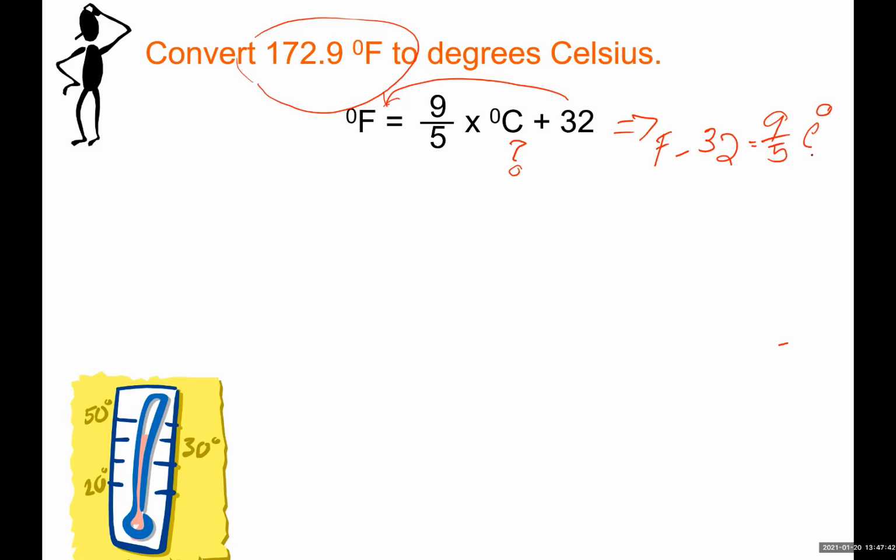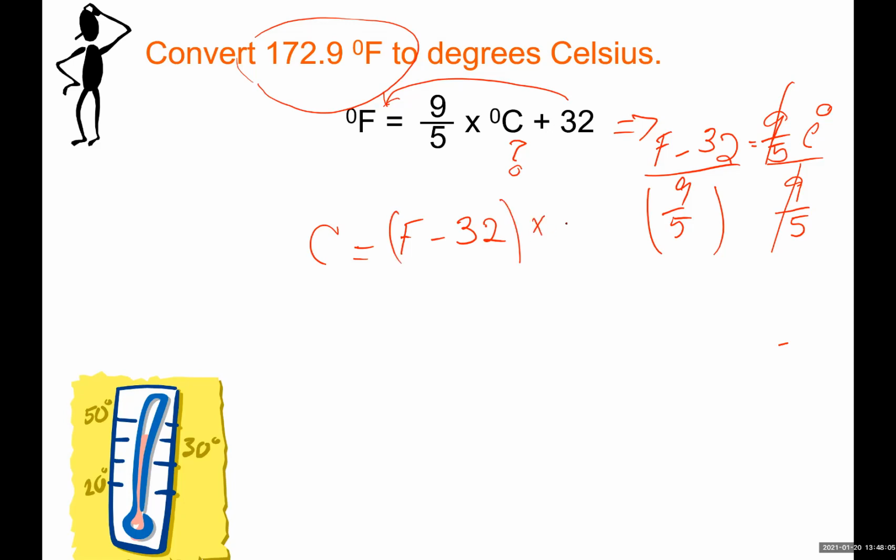And if I want to solve for Celsius, why don't I divide both sides by 9/5? Then I can cancel this, and I come up with this formula that Celsius is equal to F minus 32 divided by 9/5, or can I say multiplied by 5/9.